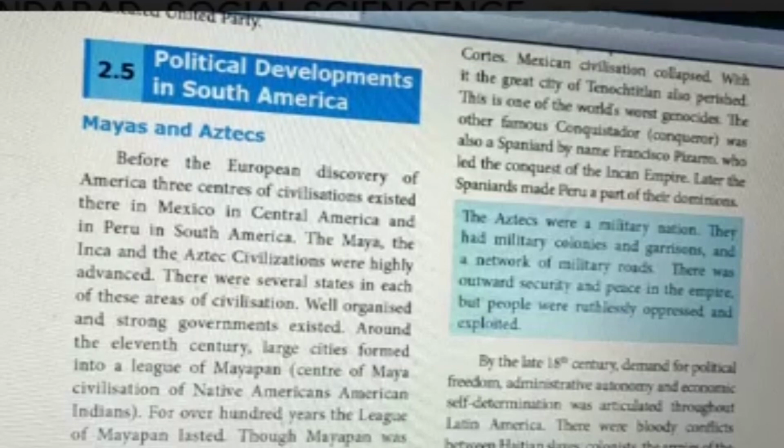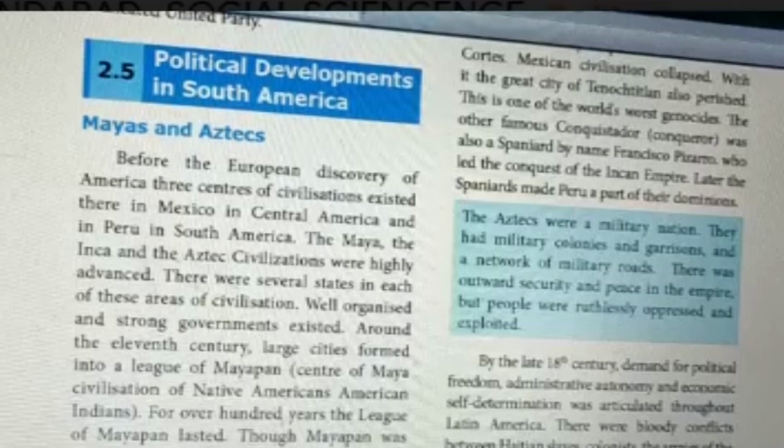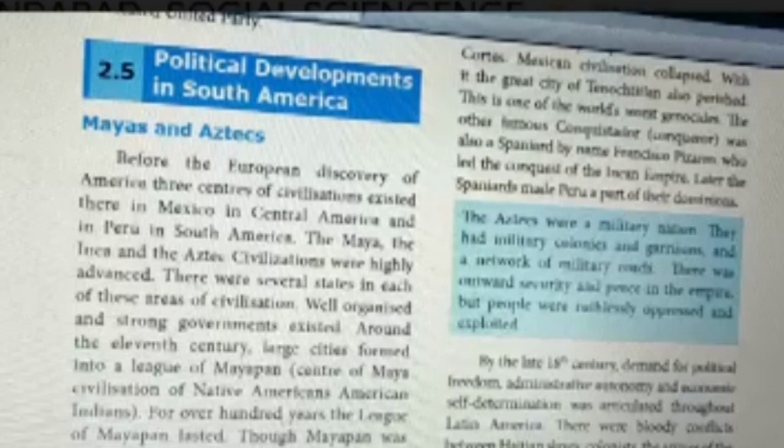The first is the Mayan or Mayapan civilization, another is the Aztec civilization, and the third is the Inca civilization. These civilizations were located in that period in Mexico, especially Central America, and Peru in South America.